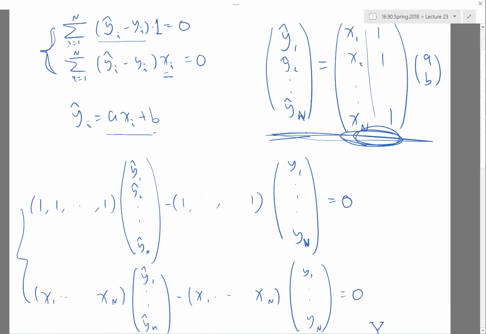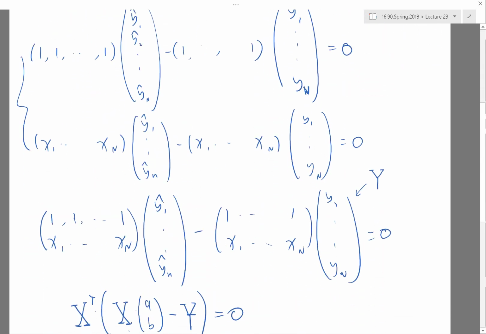And correspondingly, I add one more column to this, and I have the same form of equation I need to solve. Does it make sense?